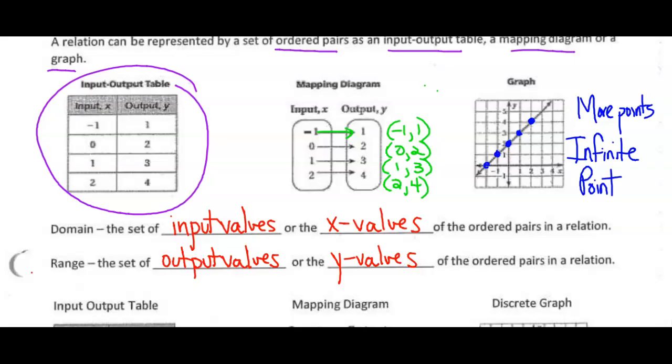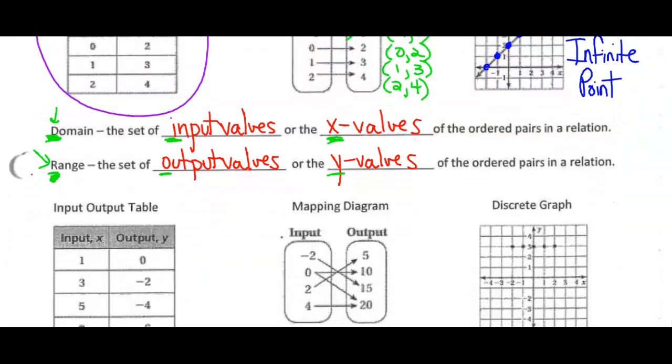So remember, domain comes first in the alphabet, D. R comes second in the alphabet, R, DR. I comes before O. X comes before Y. Domain is your input. Range is your output. Domain is X. Range is Y.